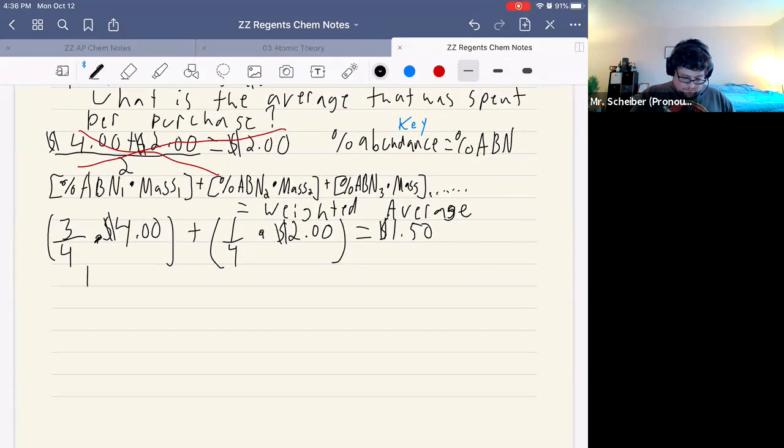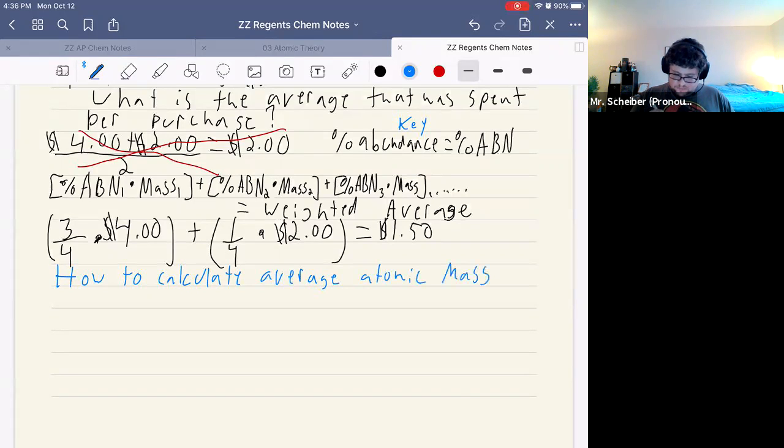I'm feeling some blue. How to calculate average atomic mass. Let's take a look.